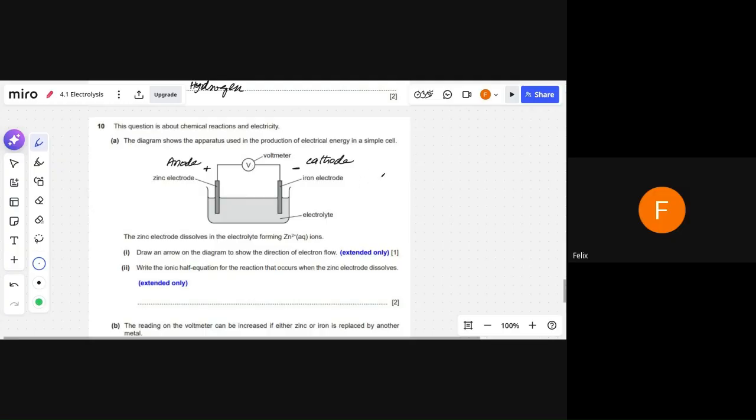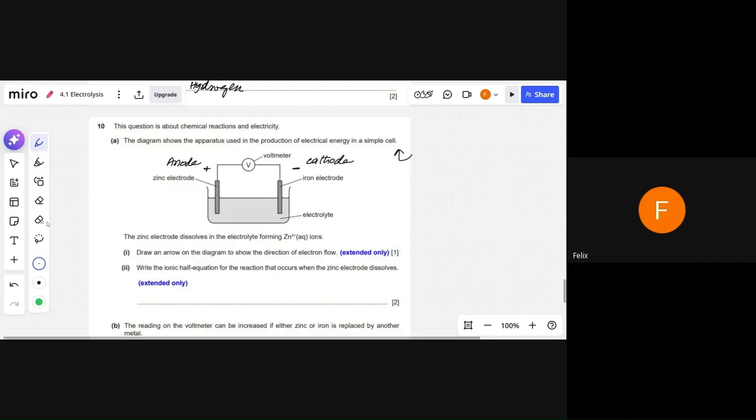Okay, so now this is a different type of cell. This is not electrolysis, this is a galvanic cell. But we know which one is anode and which one is cathode here.